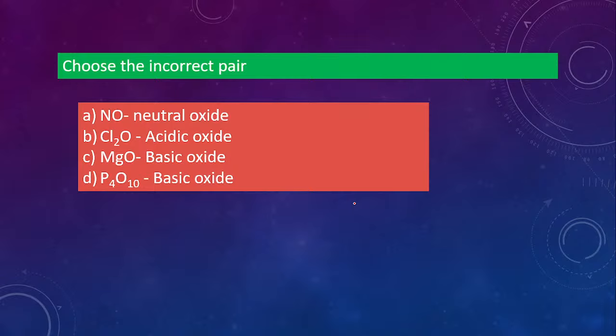That way you check, for each of the compounds, whether the oxide form is neutral, acidic, or basic. Here you need to know the properties. Which metals will produce what type of oxide? Which metal, non-metal will produce whether acidic or basic? Those things you need to know.